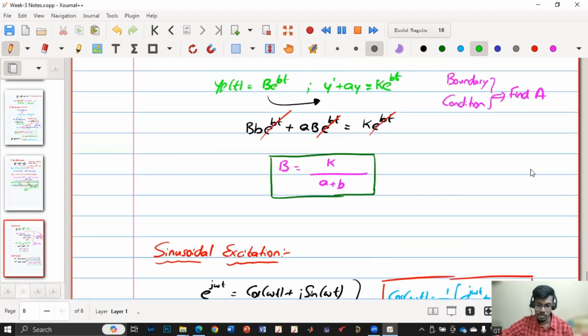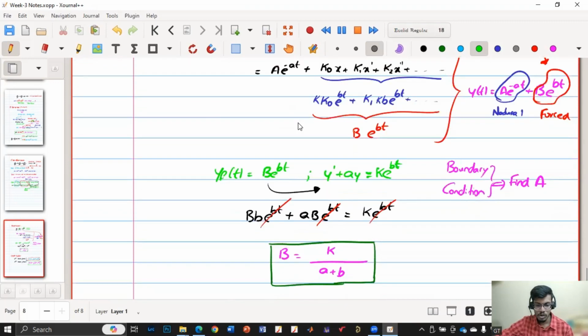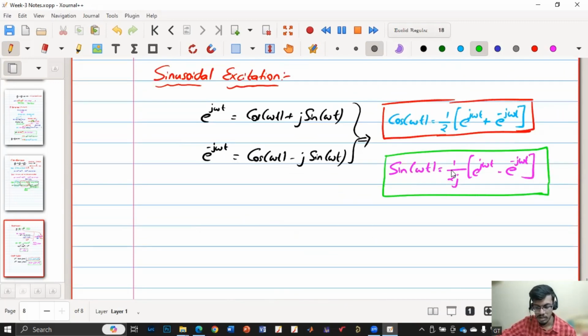Then you back substitute the forced response into the given equation to find b1 and c1. Similarly for sine. So a sinusoid is nothing but an exponential, because we know the relation between cos theta and e to the power j theta. We can convert it into exponentials and then solve for the coefficients. I hope it is clear.